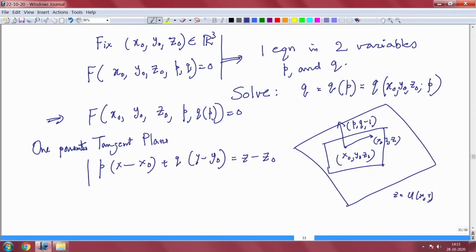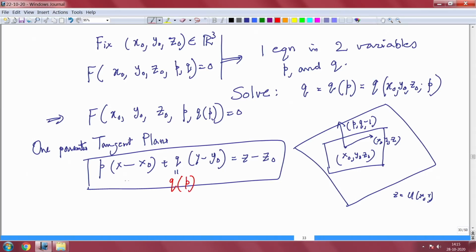So, you have two equations which form a one parameter family, because you can view q as a function of p. So, you have a one parameter family of tangent planes.